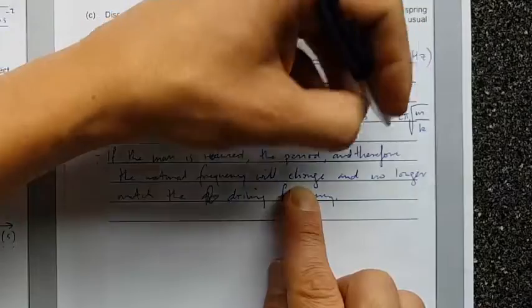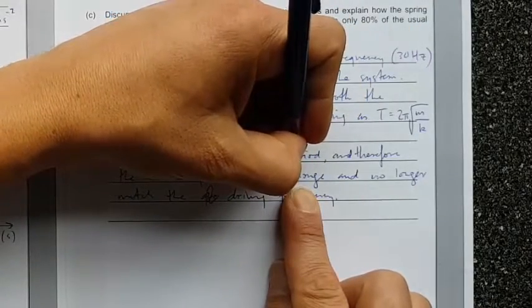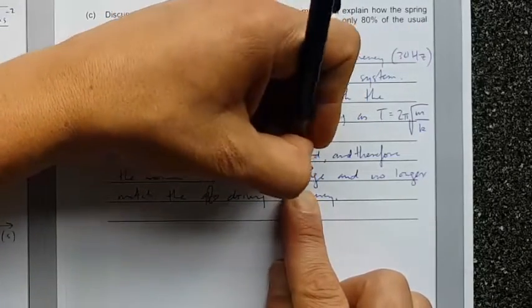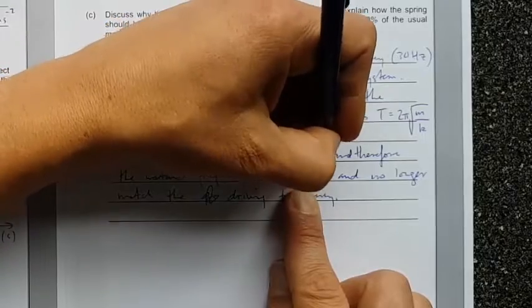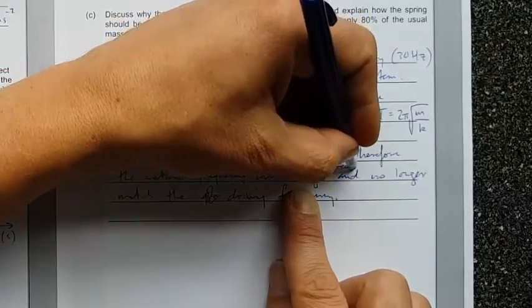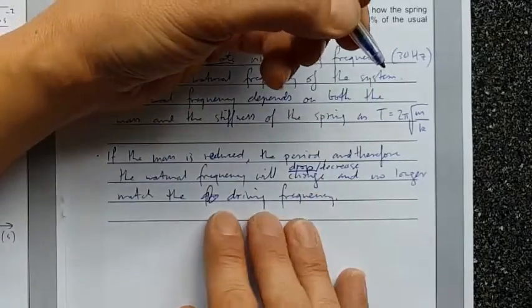If the mass is reduced, the period will drop or decrease and no longer match the driving frequency.